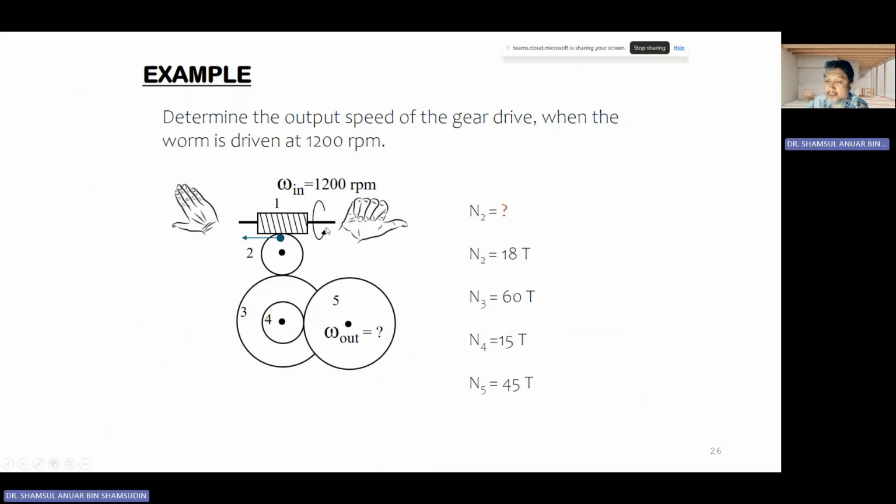And this is how to recognize the direction for this kind of problem.